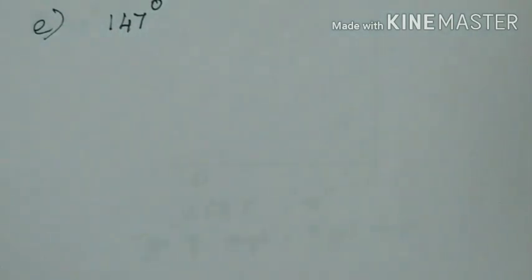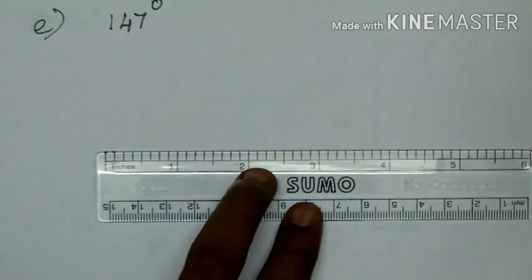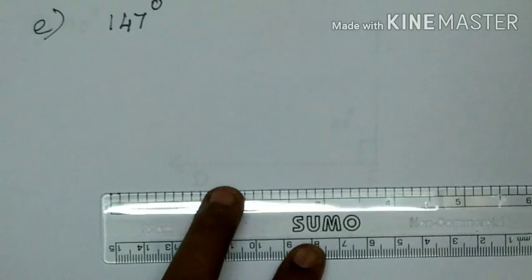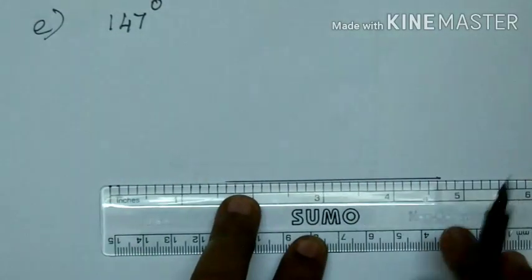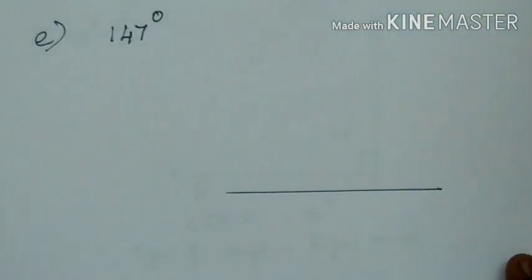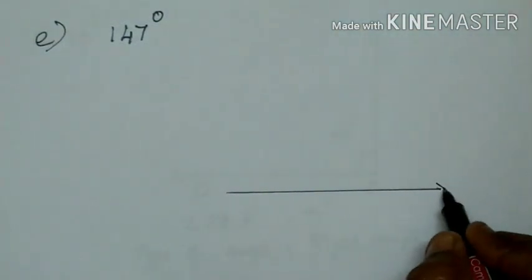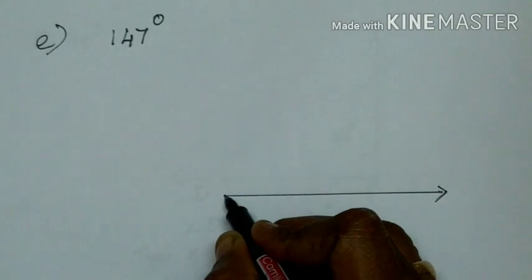Next question, we want to draw 147 degree. What is the first step? Yes, you know. We want to draw a ray. Okay, I can place the arrow mark on the right side. This is the vertex.